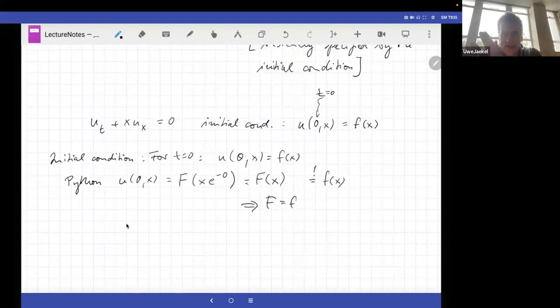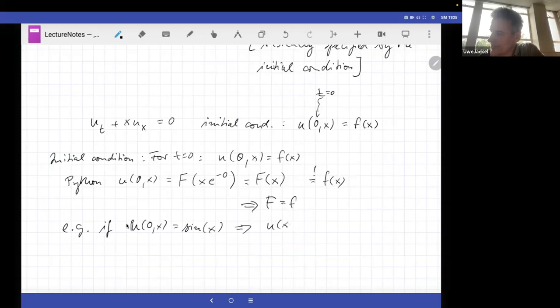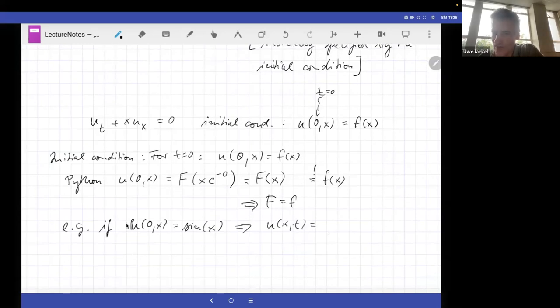So whatever it was, say we have decided f should be the sine, then the solution would be, e.g., if u(0, x) is sine of x, then u(x, t) would be sine of x e to the minus t.